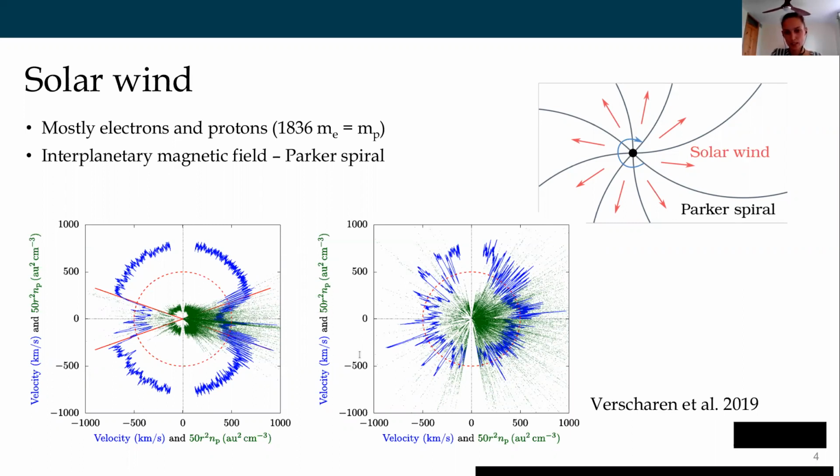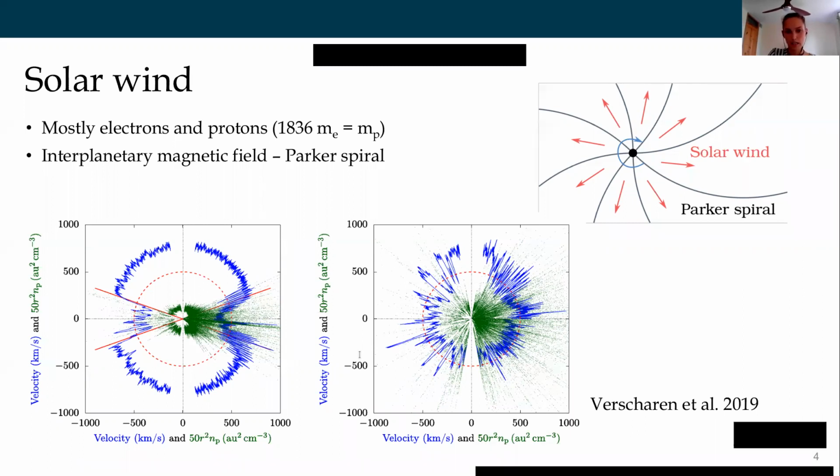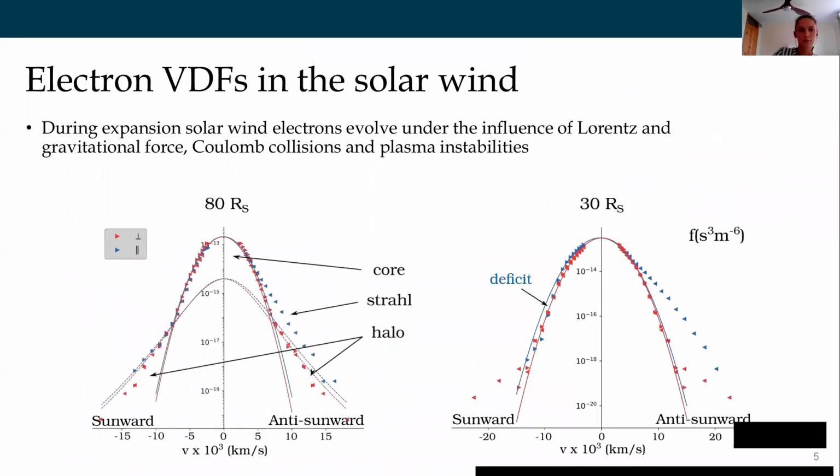During the solar maxima, we have a confused picture where the fast and slow wind are very mixed. I show this to show you the variability of the solar wind and how it can change in time and space. But today we'll be talking more about the electrons in the solar wind.